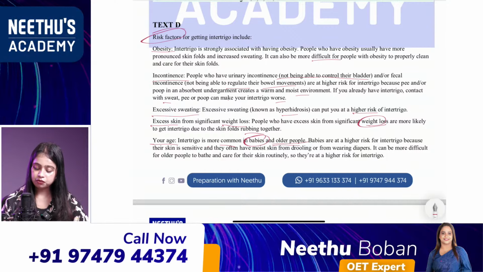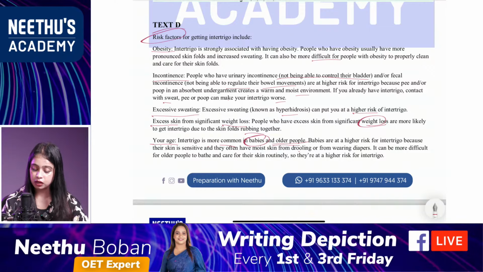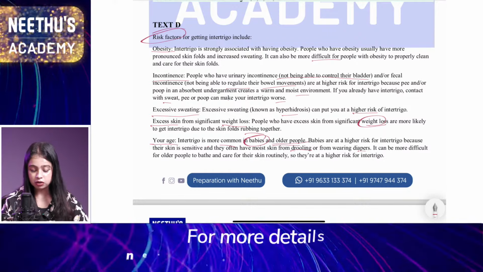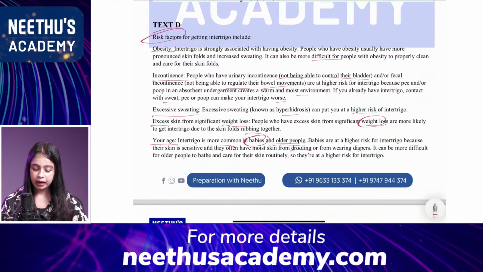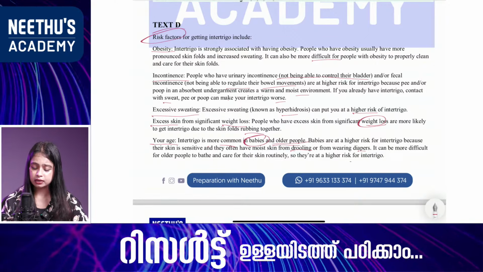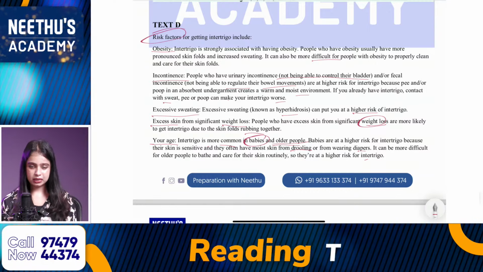Babies are at high risk because their skin is sensitive and they often have moist skin from drooling or from wearing diapers. It can be more difficult for older people to bathe and care for their skin routinely, so they are at higher risk. So that's all about text D.